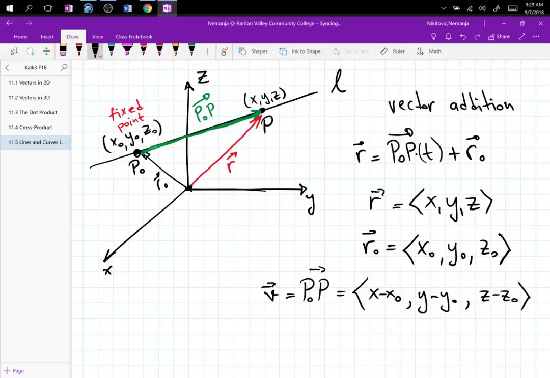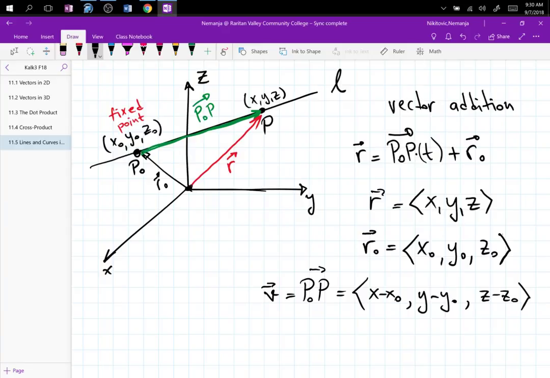Now, why am I choosing vector v? It's actually a velocity vector. And we are multiplying it by time to get the distance, because you are adding r and r0. Those are distances. So P0P needs to be also a distance vector because the position from P0 to P changes in time.